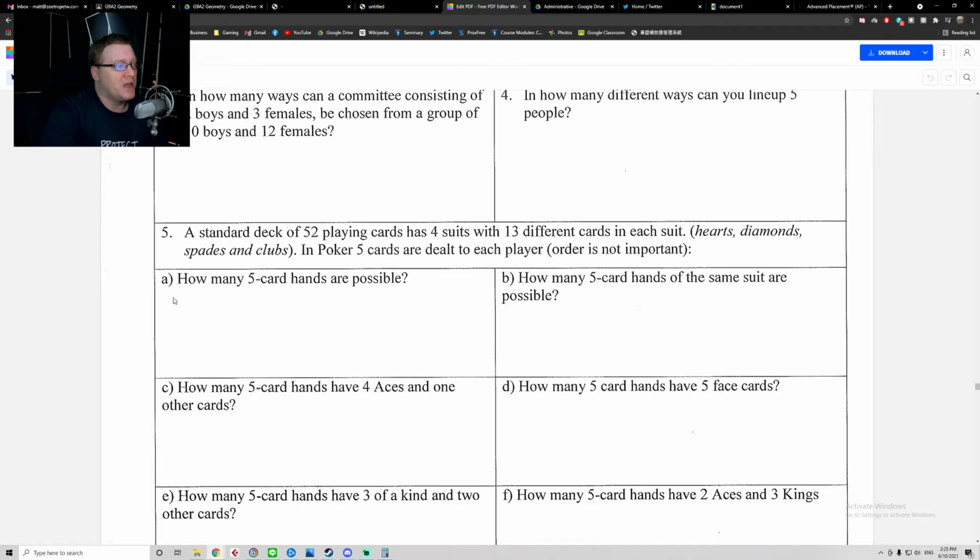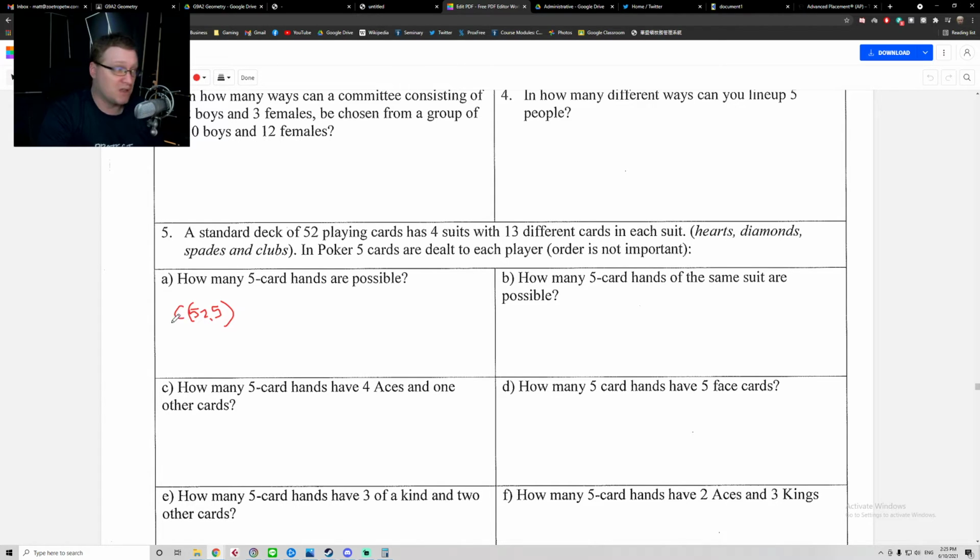And yesterday we talked about how many different ways there are. In poker, you get 5 cards. How many different combinations of 5 cards are there? Well, we are going to choose 5 cards from 52.